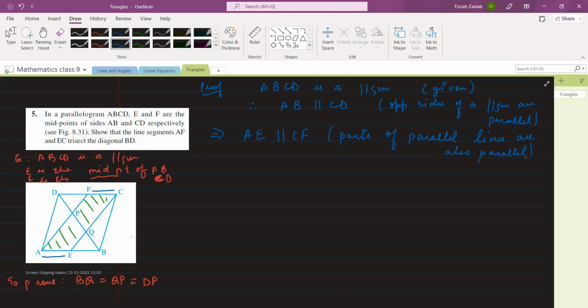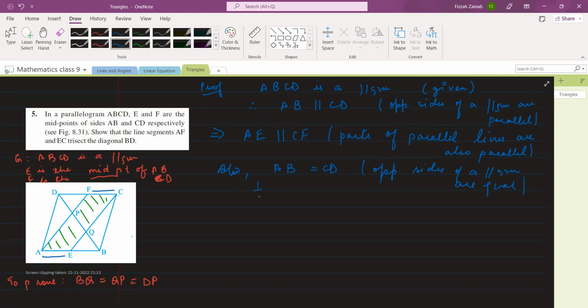Obviously, you're just cutting the line. That's it. Also I can say that AB is equal to CD because opposite sides of a parallelogram are equal.